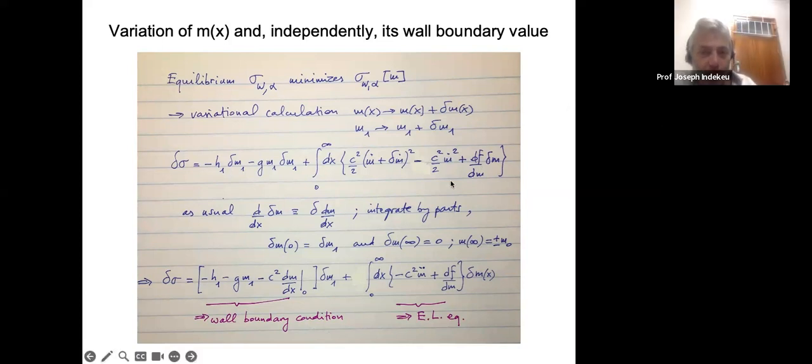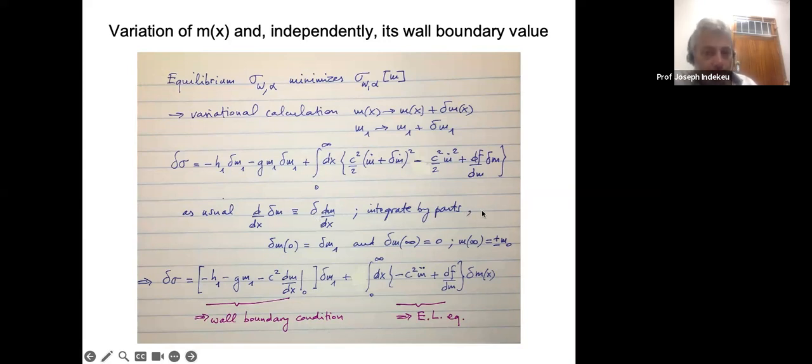And then the last one is also proportional to delta m, because that's this df dm, okay? Because there's this function f. And if you have the function f, you just vary it, you have df dm times delta m. Okay? So then, as some of you know by variational calculus, you can further work this out. So the derivative d/dx of delta m is the variation of the derivative. Okay, that's standard.